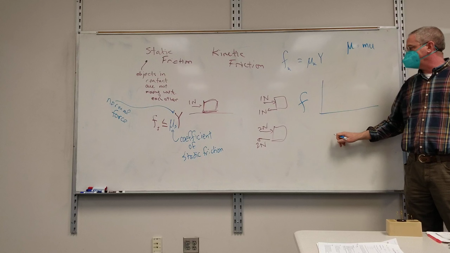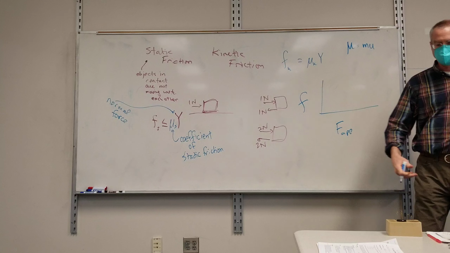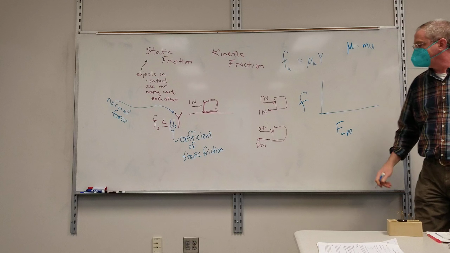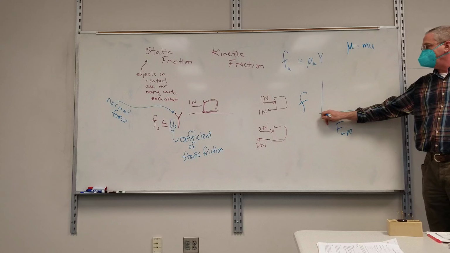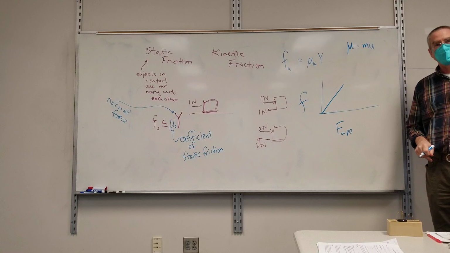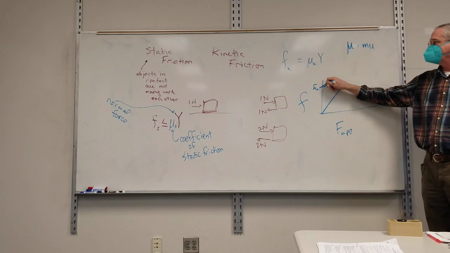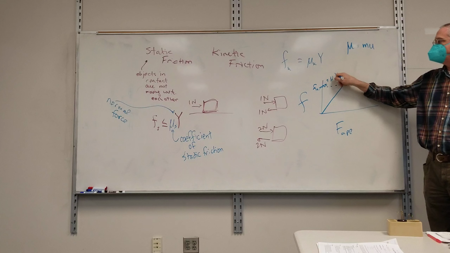So in this model, if this is my friction force here, and this is my applied force, in other words, the force I'm pushing against something, as the applied force increases, the friction force increases, and they will match each other until I hit that breaking point. So F s max, which equals mu s times the normal force.